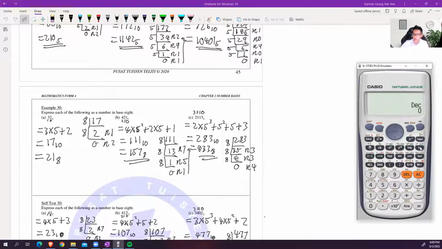To change between the bases, use these 4 buttons. But we only have decimal, base 10, hexadecimal, base 16, binary, base 2, and octal, base 8. Okay, so only if it's involving these few bases can we use the calculator.